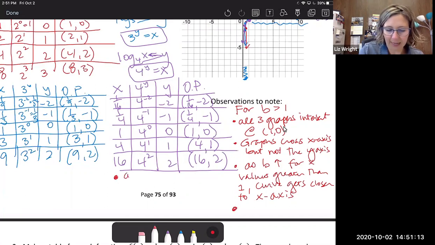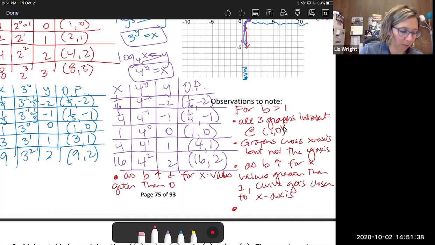The next one: as base increases, and for x values, oh, that's supposed to be the word values, but I spelled it wrong. For x values greater than 0 but less than 1, the curve does what?